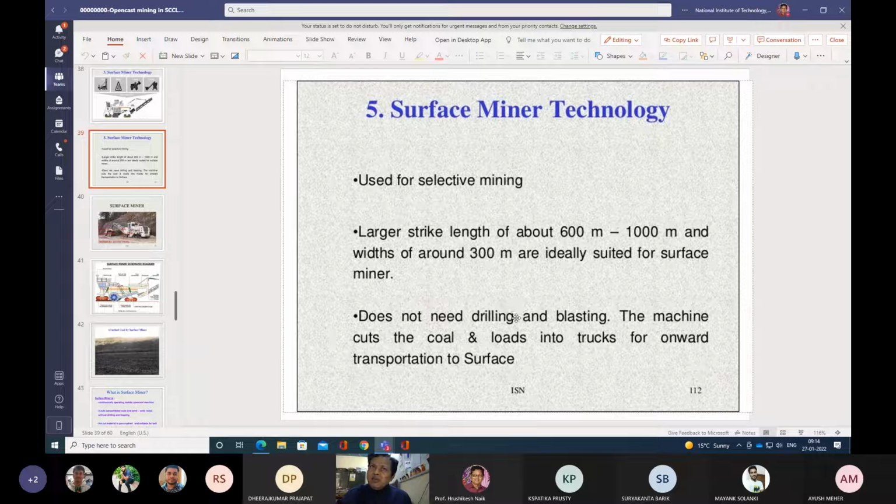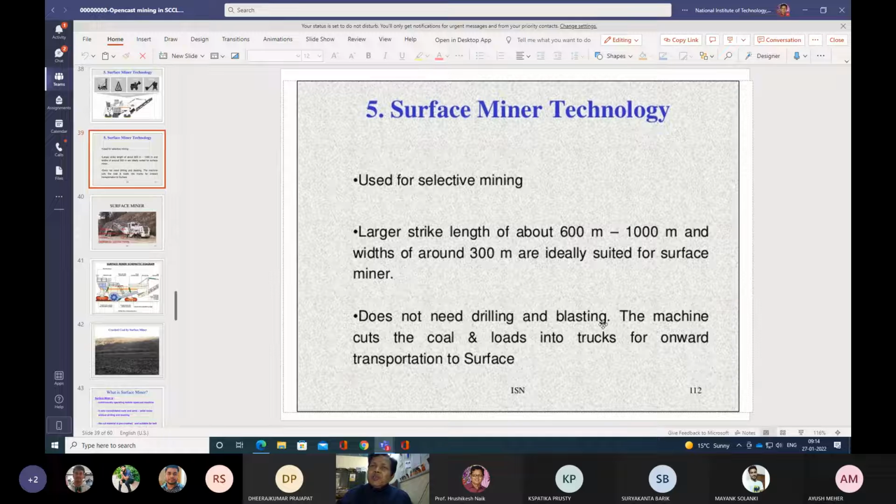Therefore, this method of mining is called eco-friendly mining method, green mining method, environment-friendly mining method. And since there will be no blasting, there will be no ground vibration.